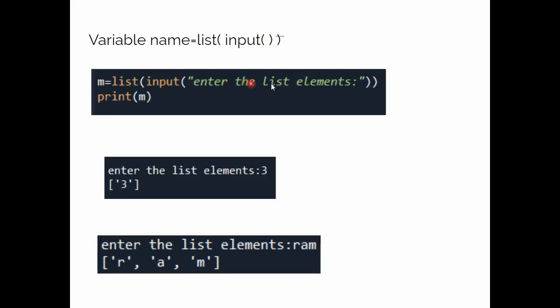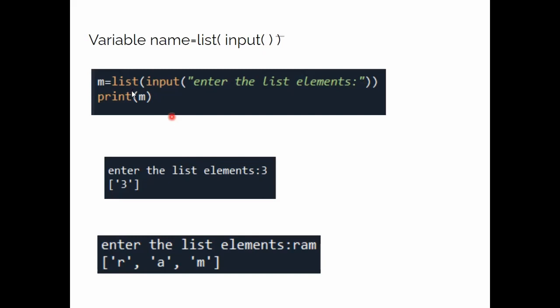So here I'm giving one kind of instruction to the user, that we have to enter the elements of the list. Whenever I create a list using the input function, whatever value I enter will be treated as a string. Suppose I enter the value 2 with list and input; that value 2 will be treated as a string.